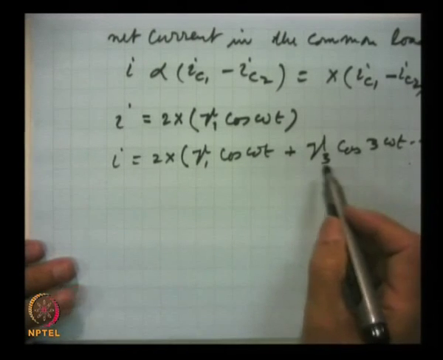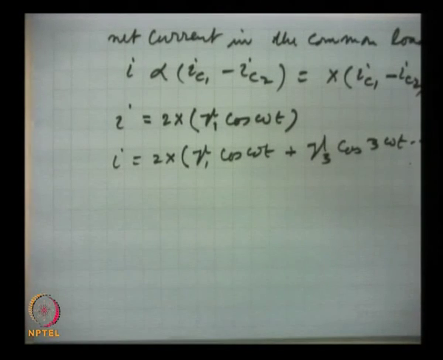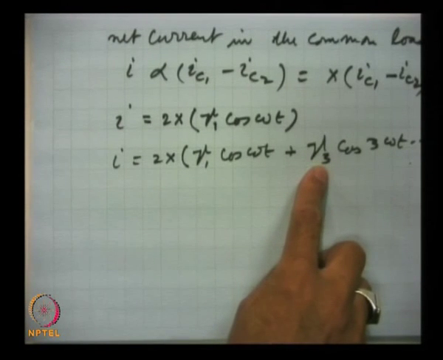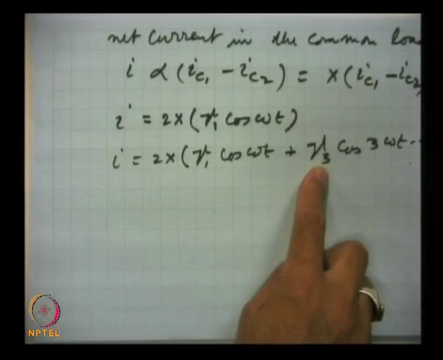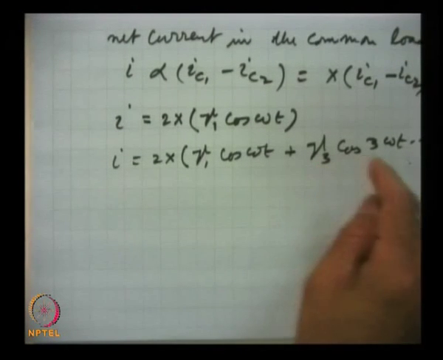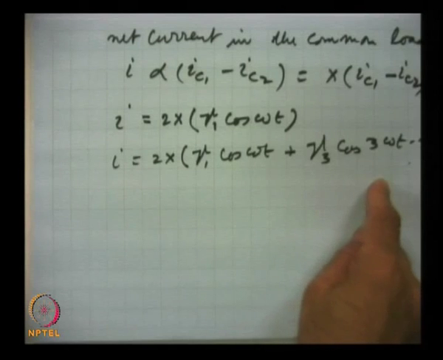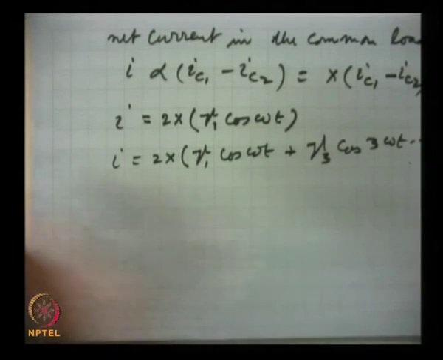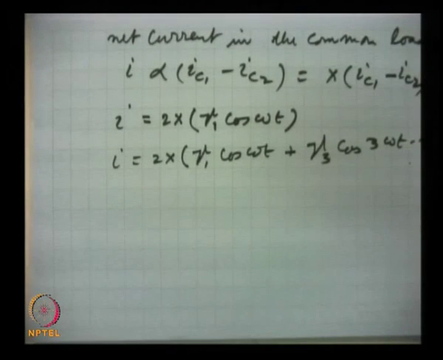In fact, all the odd modes are present, but as the order of the harmonic increases, the amplitude falls. So, the contribution of gamma 3 will be there, but it is very small, and the cos 5 omega term will be still smaller.